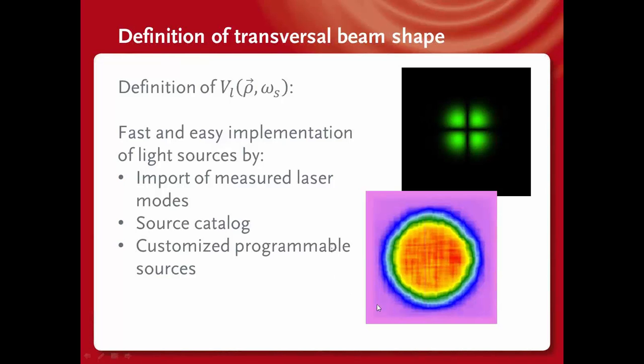But you can also import measured mode profiles, as you can see here. And you can also customize your transversal beam shapes using a programmable source. Again, here you can use MATLAB or C# to describe the transversal shape of your beam.